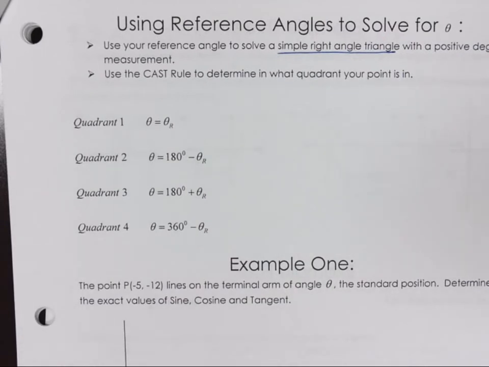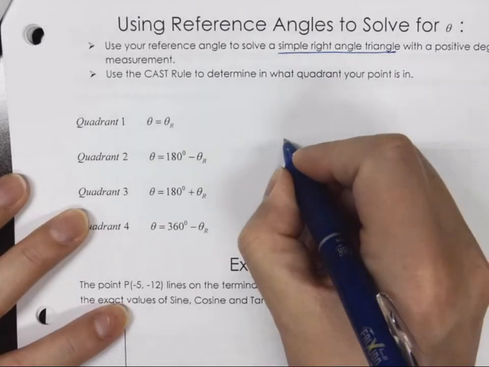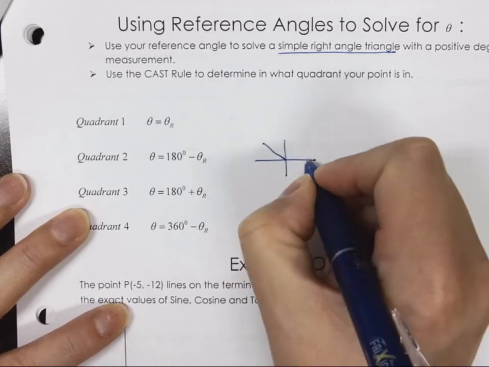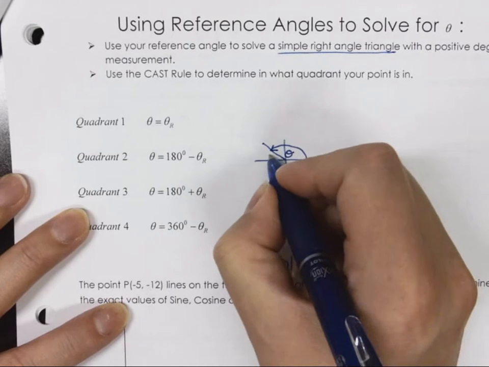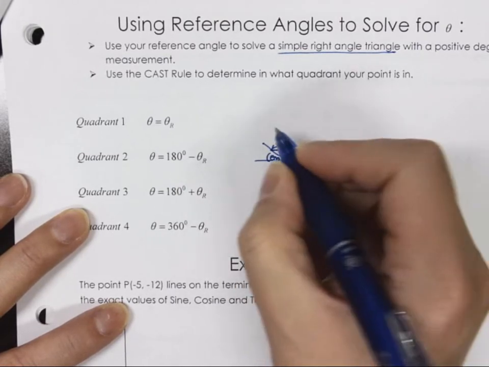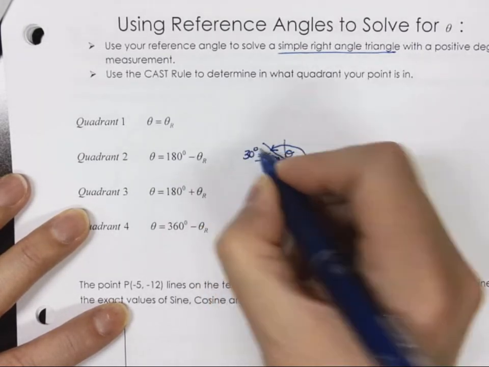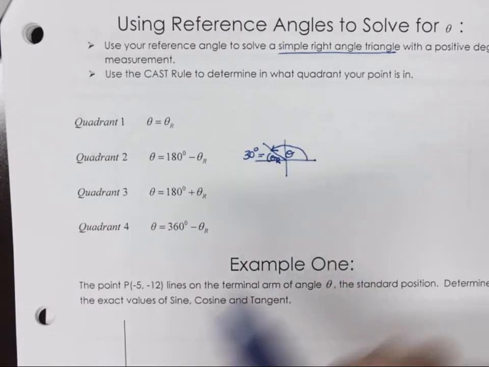To solve it for quadrant 2, you did this already. You know your straight line measurement is 180. If you know what your theta reference is, you can subtract it from 180 and you find the original theta. You guys did this in 2.1. Do you remember that? So in quadrant 2, if I know my reference angle in here, let's say, is 30 degrees, what's my real angle? 150, right?